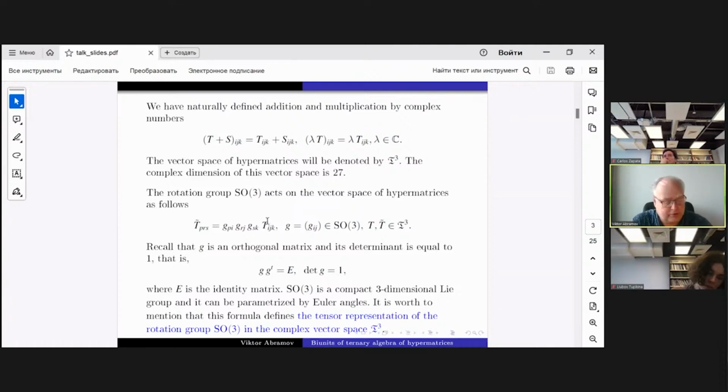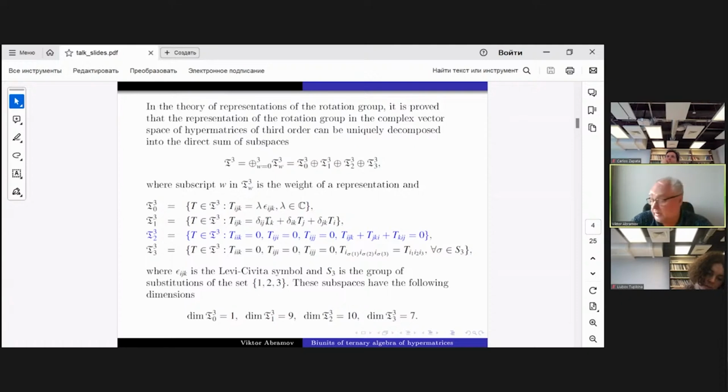From the point of view of representation theory, what do we know about this tensor representation? We know that the whole space can be decomposed into the direct sum of 4 subspaces. They're written here, and the subscript here means the weight of the representation.